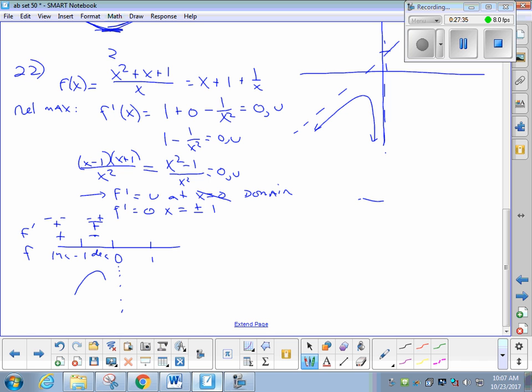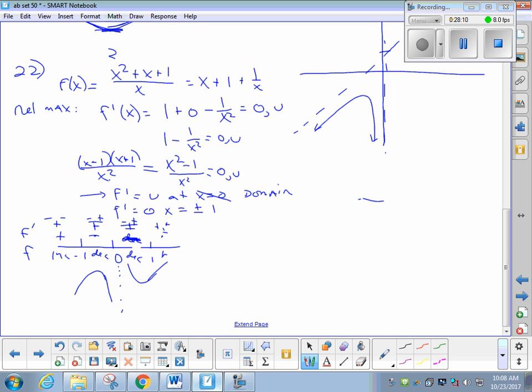After 0, maybe at 1/2, negative, positive, positive, which is negative, sorry, my bad. Negative is decreasing. This one's the least. Decreasing. And then after 1, positive, positive, positive is increasing.